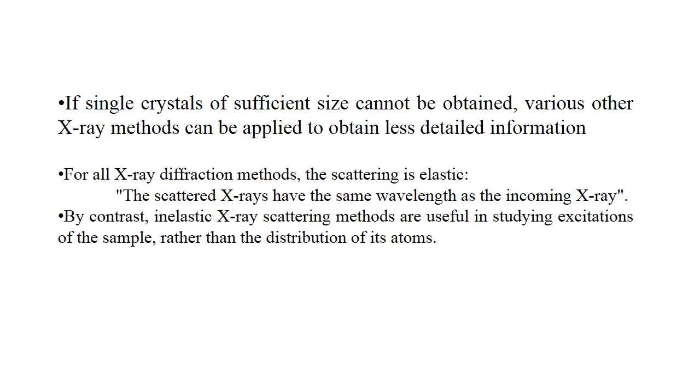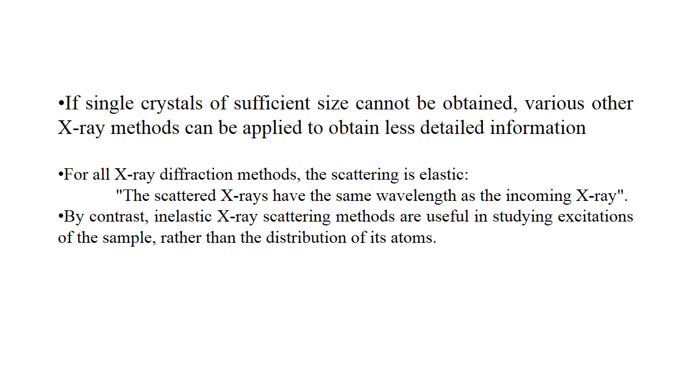And if the material under investigation is only available in the form of nanocrystalline powders or suffers from poor crystallinity, the methods of electron crystallography can be applied for determining the atomic structure.